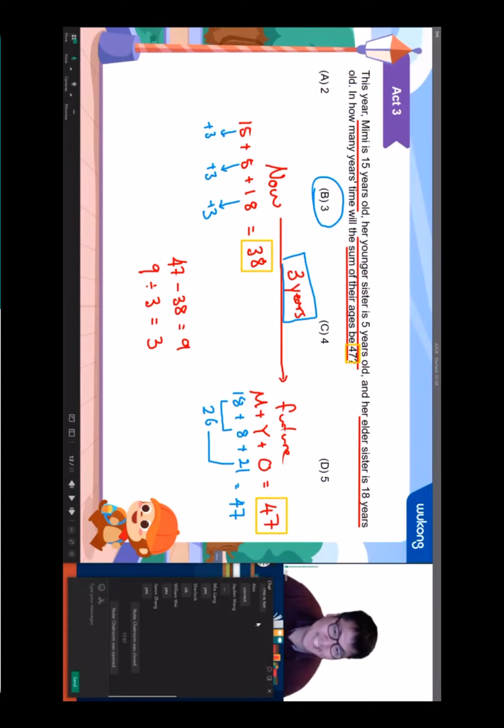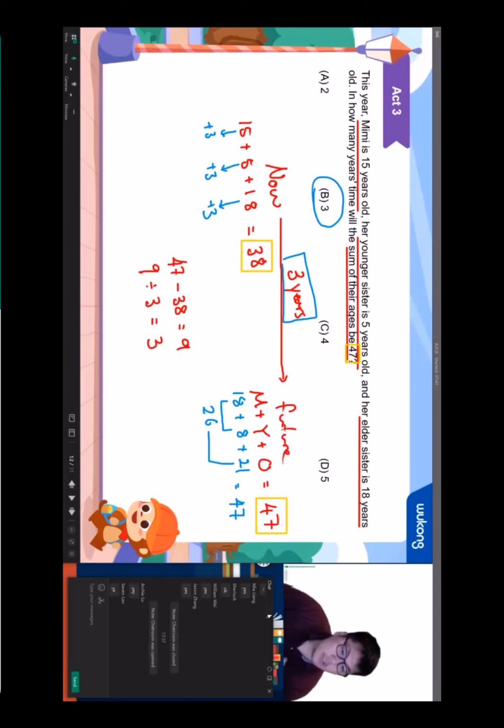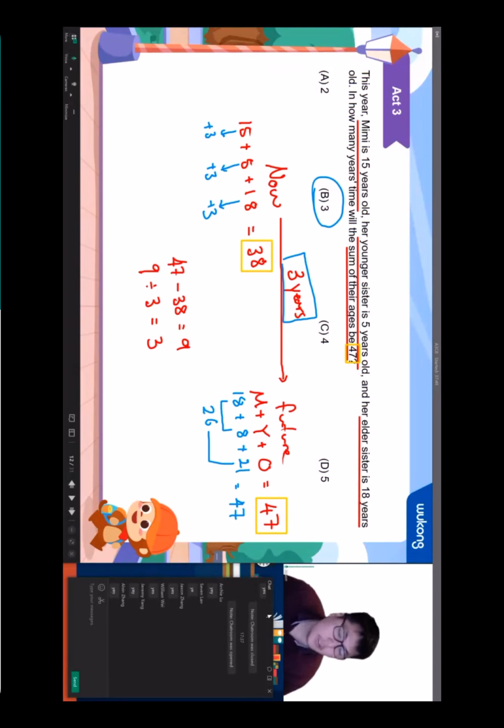Does that make sense? I told you we are using a very similar method over and over again. So you need to make sure to get used to this method because it's very, very handy.